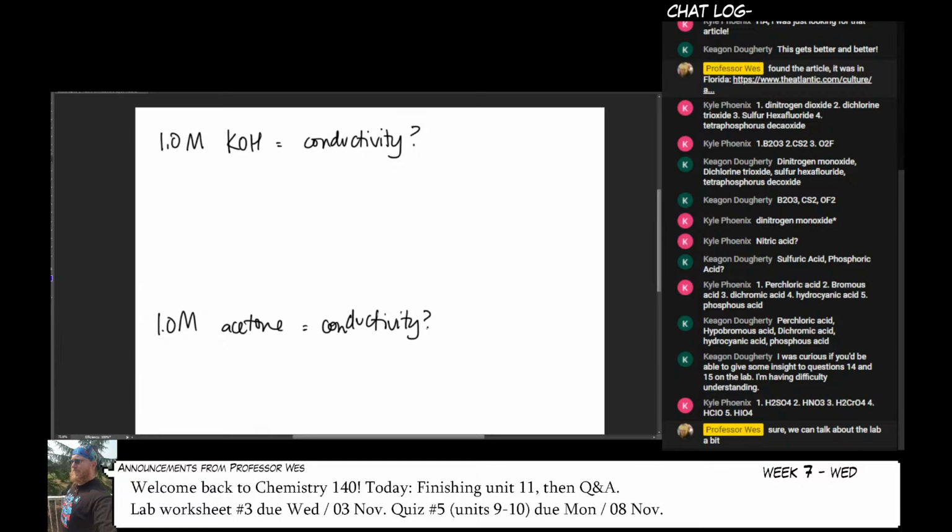And so I'm going to sort of leave that to you to look at all of your data and then say, oh, well, this one has this conductivity because it's this type of molecule.